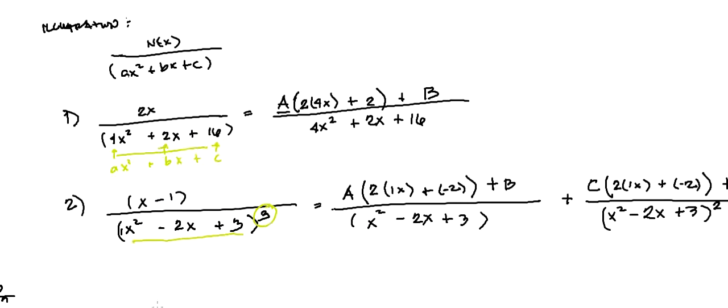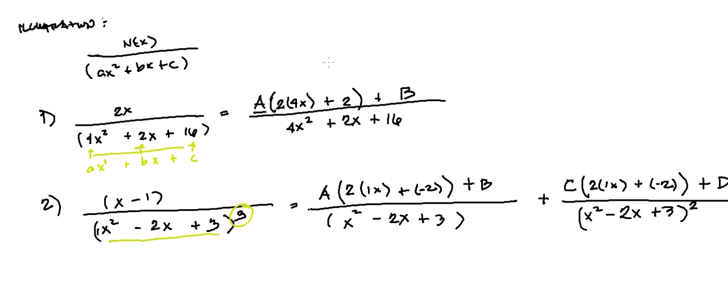So you see, based on the formula of our case 3, we've followed the a, 2, then our ax plus b, all over ax squared plus bx plus c, right?